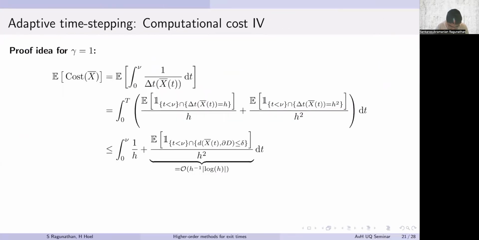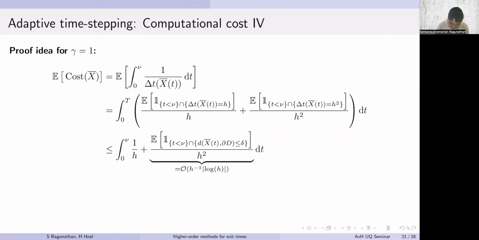So here's the idea behind the proof. So you basically take the expected value of the cost of one realization. So you have the expected value of the cost for multiple realizations overall. You basically split the term based on the time step size that you use. So if you were to use the Milstein scheme, you would either use time step size h when you are outside the critical region, or time step size h squared when you are inside the critical region. So you basically use the indicator function in order to differentiate between the two happening.